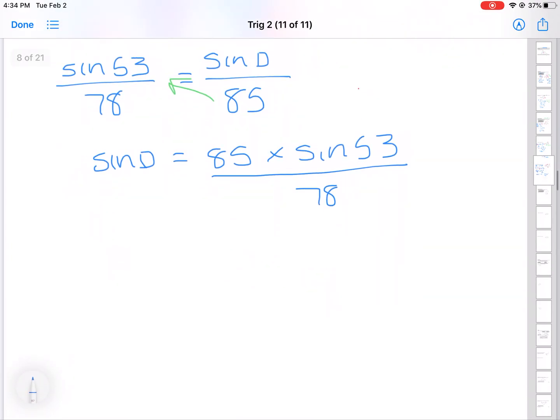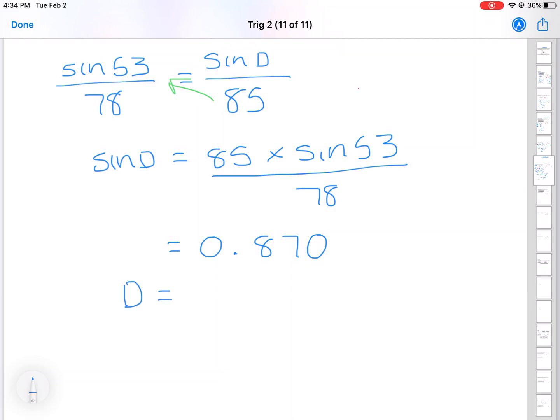Again, don't be afraid of those signs, just pop it into the calculator. 85 times sine 53, and then divide that by 78, and we get 0.870. Again, just take it to 3 decimal places so we have enough room for any rounding errors.